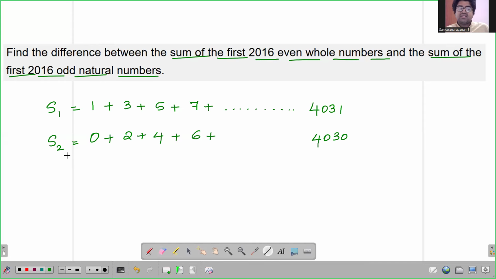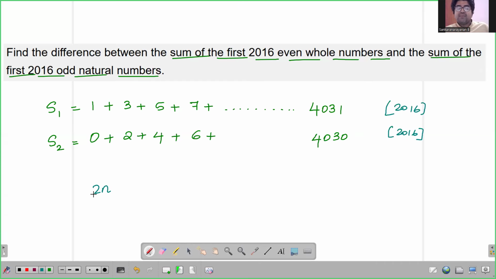Now they are asking us to find the difference. You have listed altogether 2016 numbers here, and also 2016 numbers over here. For the nth number in S2, you can consider something like 2n minus 2.